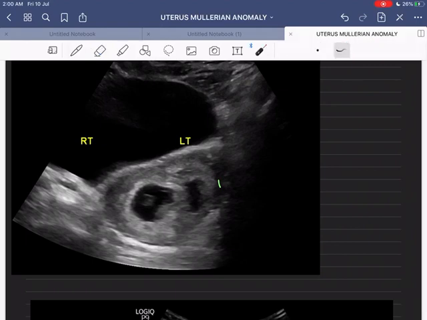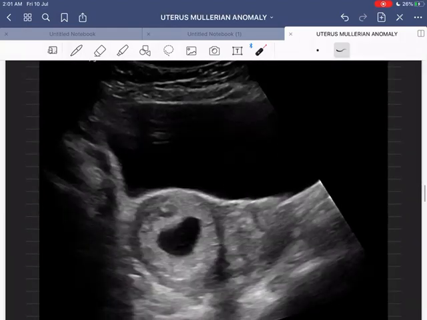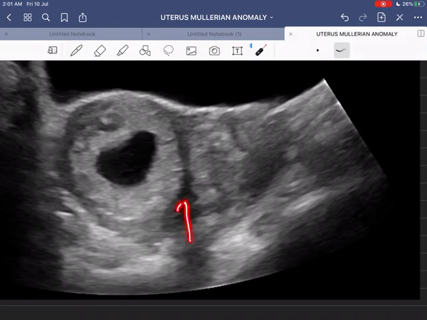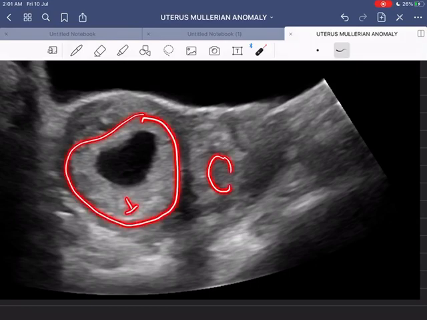Please note that there is one G-sac with a good choriodecidual reaction around it, and there is a live embryo within it. But adjacent to that there is another G-sac like structure with a somewhat poor choriodecidual reaction around it, and there was no embryo within it. Also note that a thin rim of myometrial tissue is present between the first and second G-sac.